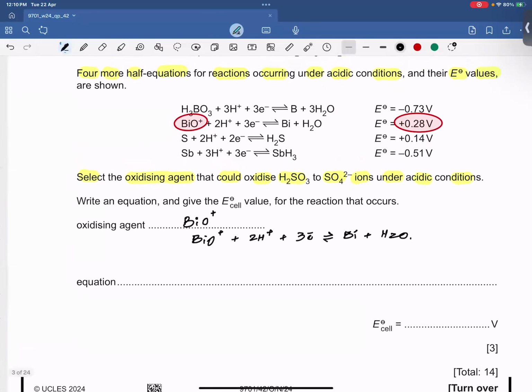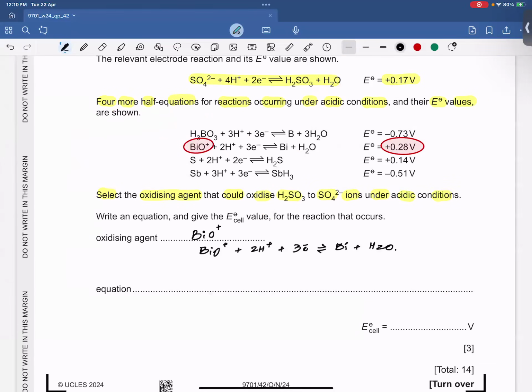So if I flip this equation, it is going to be like this: H2SO3 plus water, sulfate ions, plus 4 hydrogen ions, and plus 2 electrons.